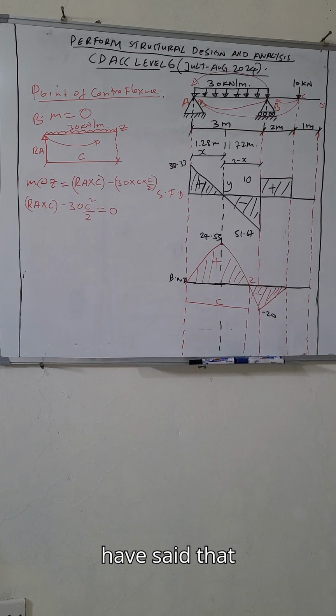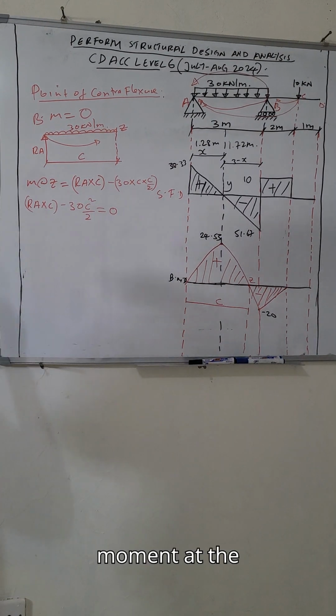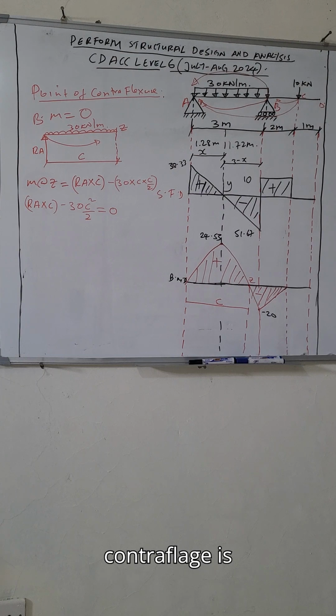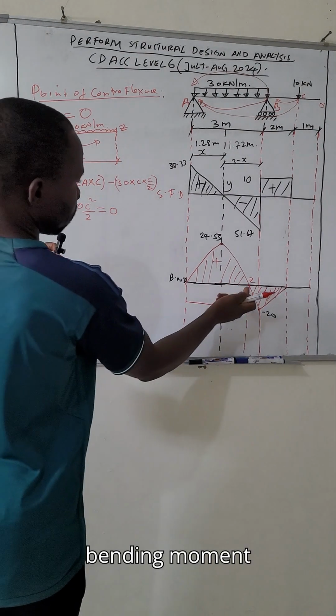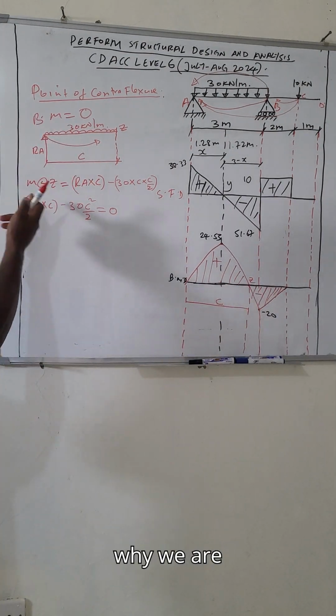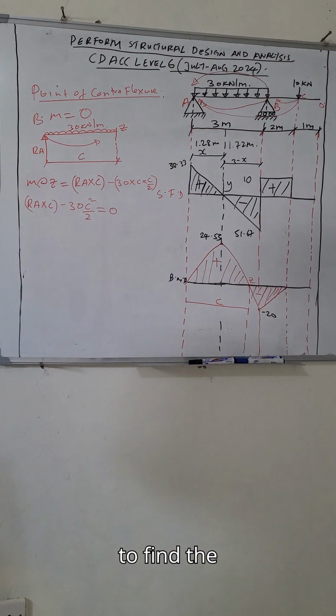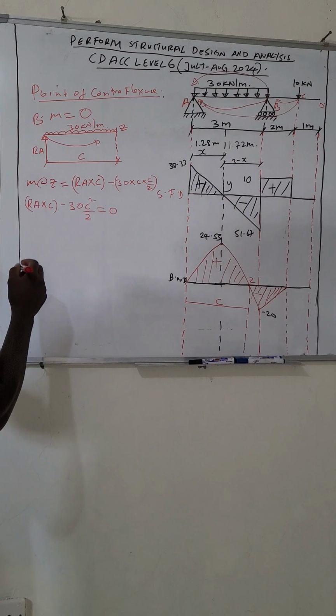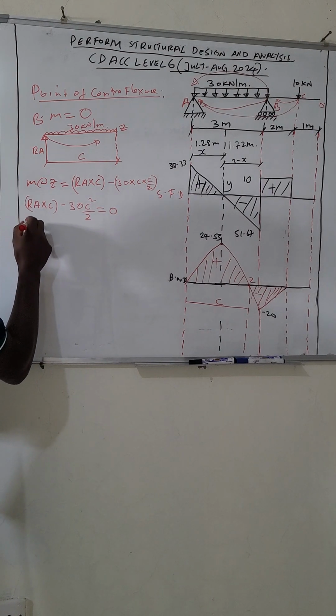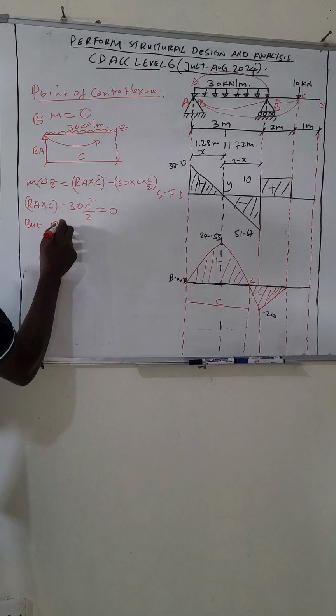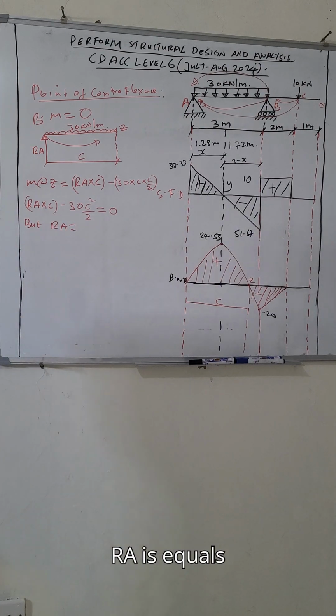Remember, we have said that the bending moment at the point of contraflexure is 0. So the bending moment at this point is 0. That's why we are equating to 0 to find the value of C. But what is RA?